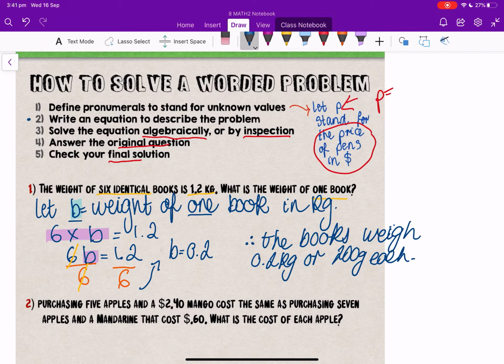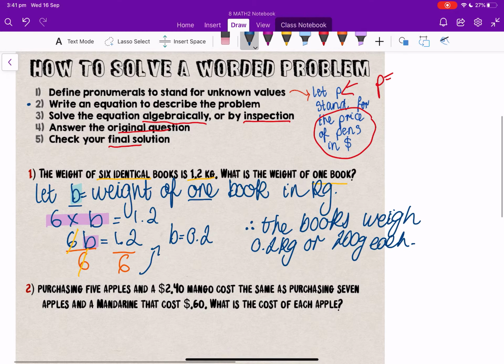Cool. So to check your solution, all you have to do is, I'm just going to do this in a different pen. We know 6 books weigh this, so we can go 6 times 0.2, and that equals 1.2. So we know that that is correct.